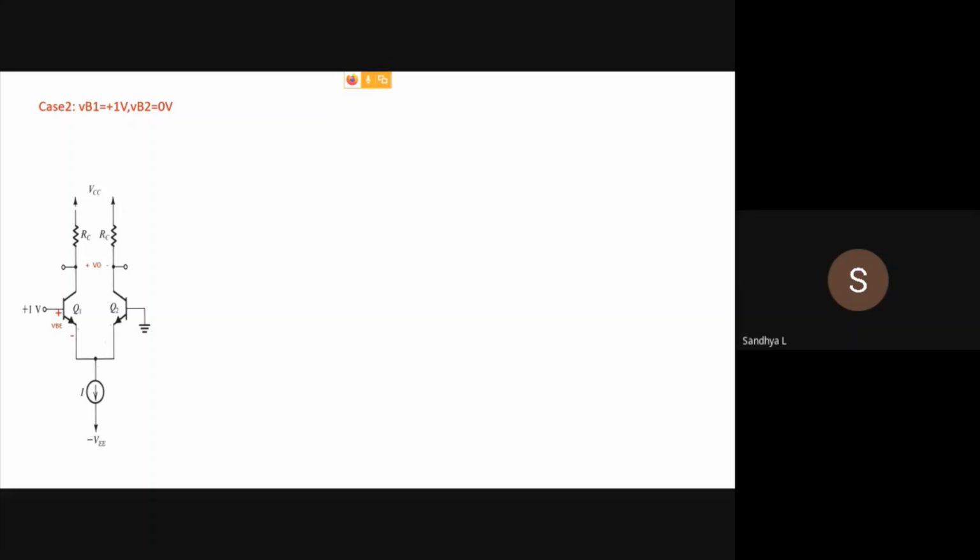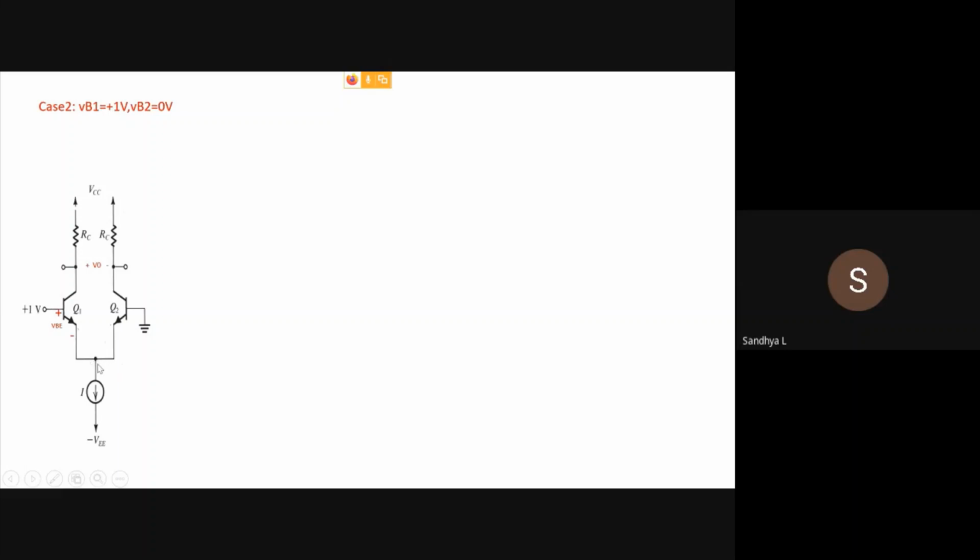So we have to prove that Q2 is off and Q1 is on. It is very clear that Q1 is on, because this is a voltage greater than 0.7 volt, which is the minimum voltage that should be applied to the base emitter. So we should know the emitter voltage in order to find the base emitter voltage of Q2, to find out whether Q2 is on or not.